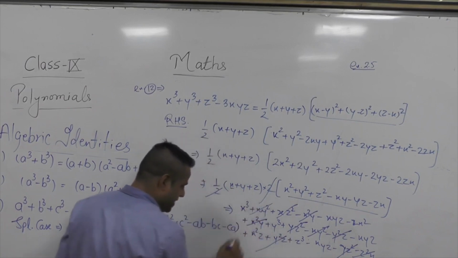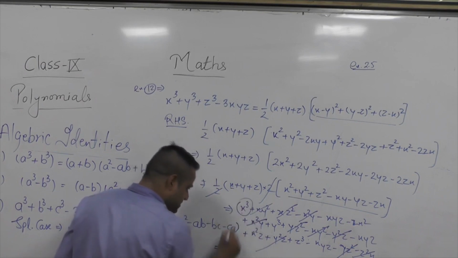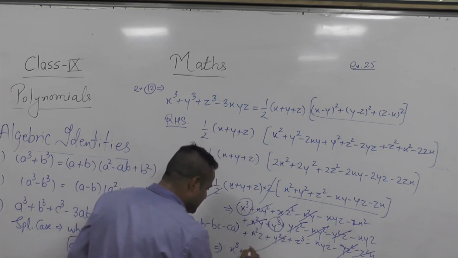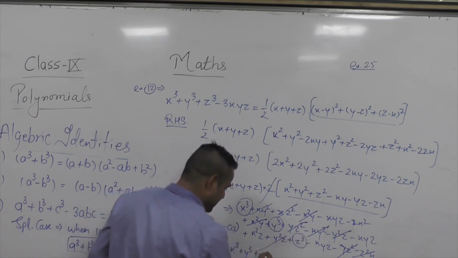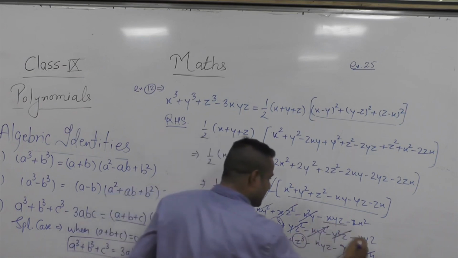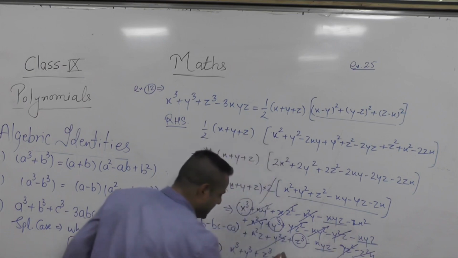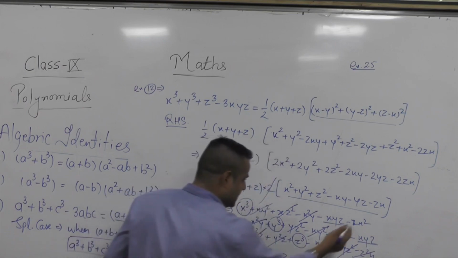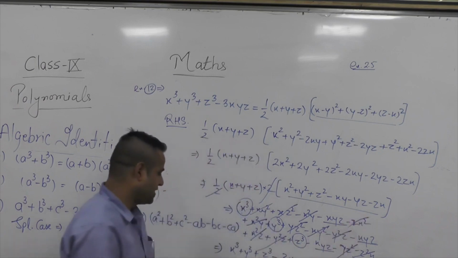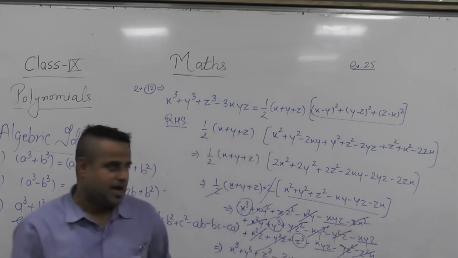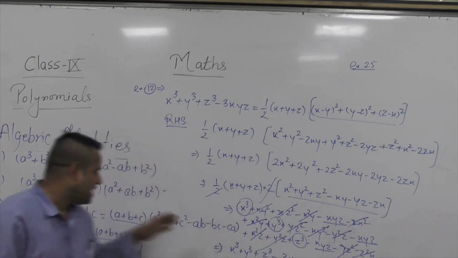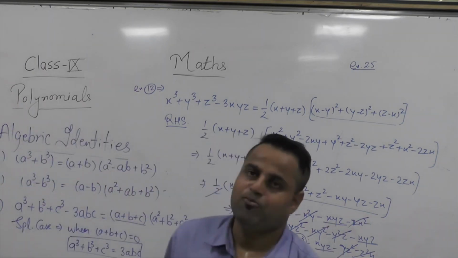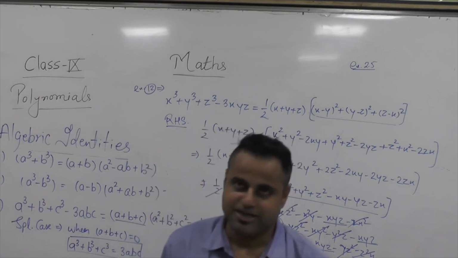Now see what is remaining here. x cube is remaining, y cube is remaining, and z cube is remaining. With xyz twice, we can write here 3xyz. This term also will get cancelled with this. All terms will get cancelled and only this will remain. And that is your RHS. So, like this you can apply this identity. One more last question we can see about the identity.